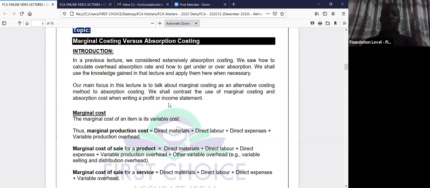From direct materials down to variable production overhead is our marginal production cost. Now, by the time we add other variable overhead, for example, selling and distribution costs, we will have our complete marginal cost of sales.